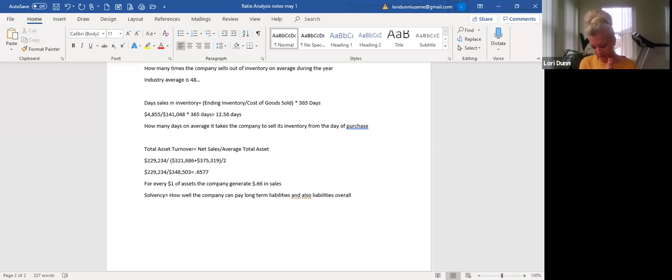Okay, so we're going to focus on more long-term liabilities, but you'll also see we do look at all liabilities when we're determining these amounts.